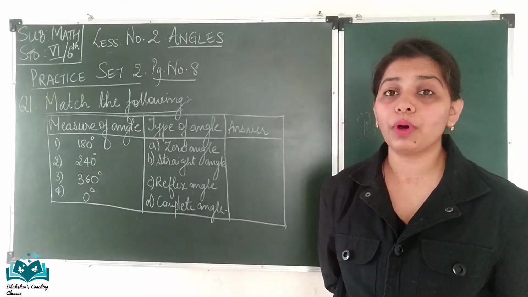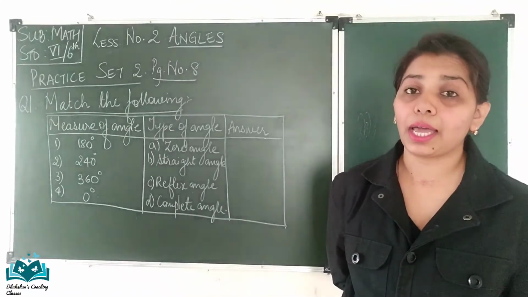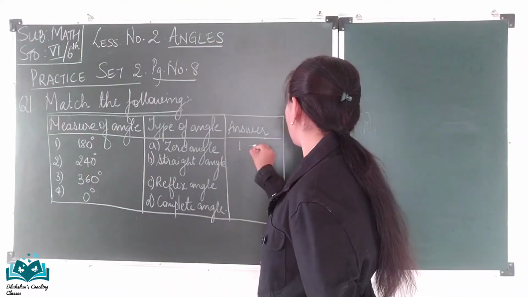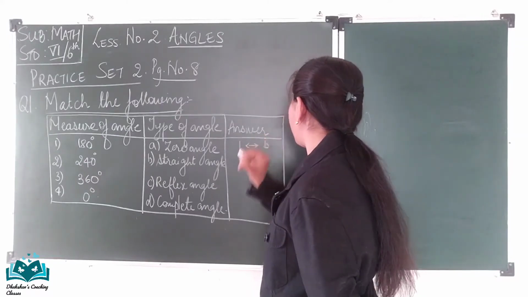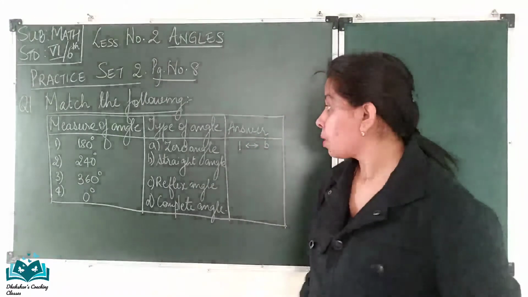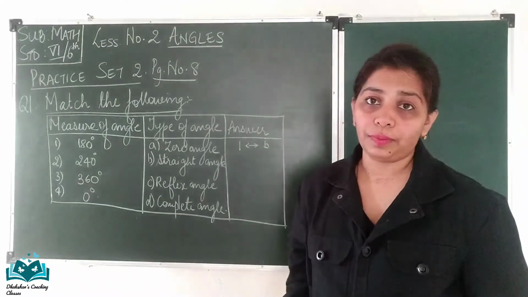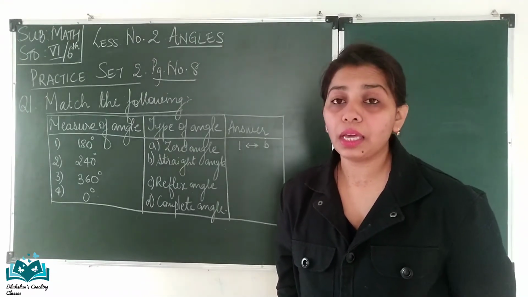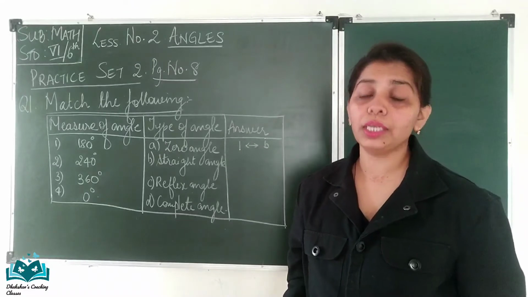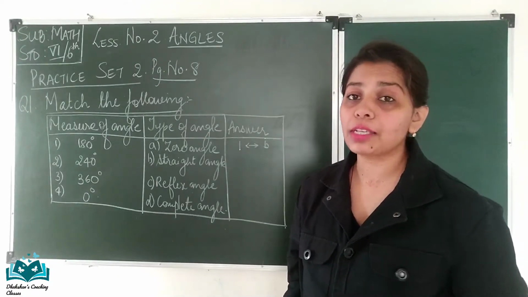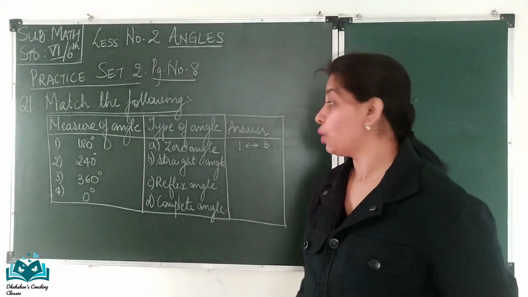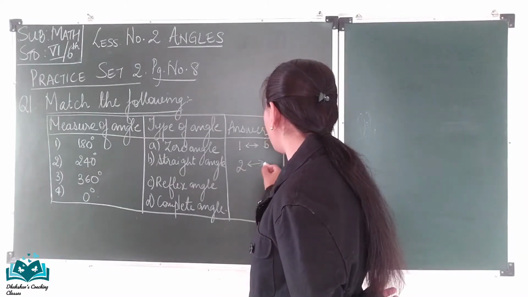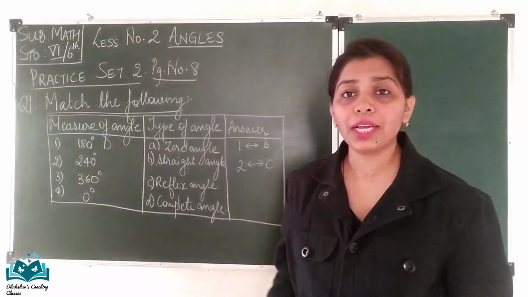So on this basis, 180 degree, as I told you, is a straight line. So the angle will be what? It will be your straight angle. So the first matches with B. 1B. The second one, 240. It is greater than 180, and according to the definitions, any angle whose measure is more than 180 is called as your reflex angle. So 2 corresponds to your C, that is reflex angle.